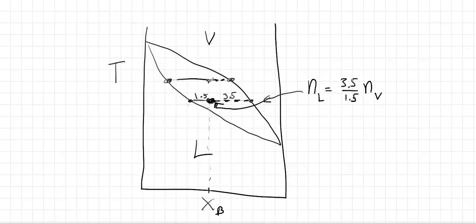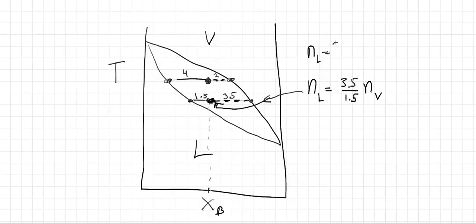And over here, I can do the same thing. I can say the liquid is going to be, well, here I've got, let's see, 1 square, 2 squares, 3 squares, 4 squares. And over here it looks like 1. I'll just say it's 2. So now the situation's reversed. This segment's shorter. We're closer to the vapor side.